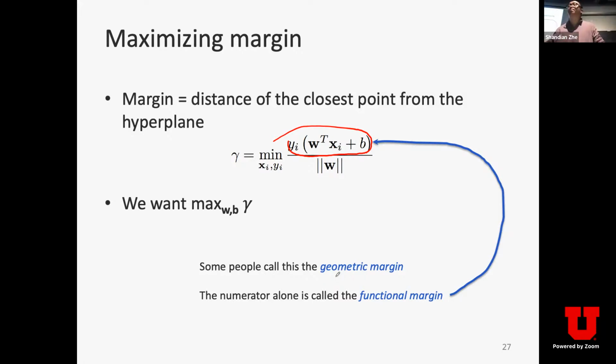This is a max-min problem, a bi-level optimization problem. So you can imagine that every time I update W and B a little bit, I need to reevaluate gamma. That means I have to go through every training point again.